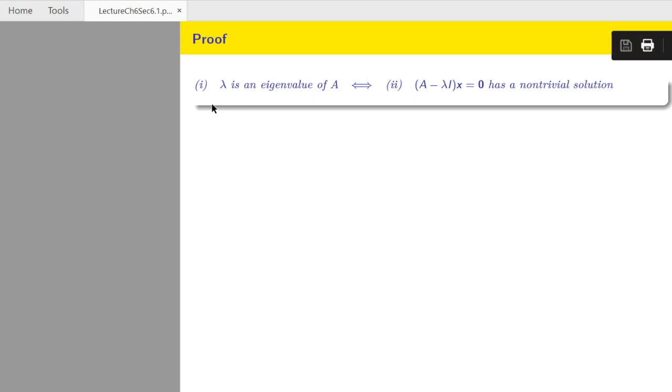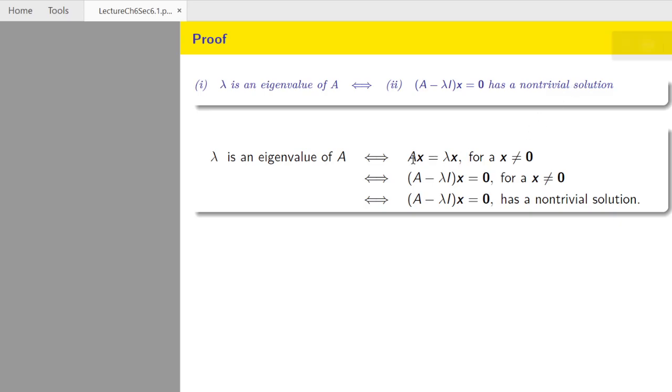First of all, let's look at the first statement. Lambda is an eigenvalue of A is equivalent to the system (A minus lambda I)x equals 0 has a non-trivial solution. Here's the proof.